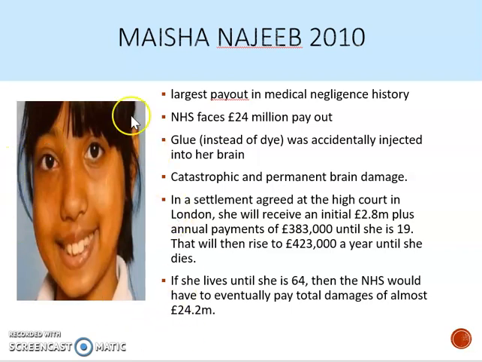It's also an interesting case to look at because obviously it shows the problems with non-pecuniary losses, with working out a suitable amount of damages to account for loss of amenity and pain and suffering. And I've given you a breakdown here of when Masha will receive her payments and how it's broken down. So that's quite interesting to look at if you want to pause the video here for a minute.